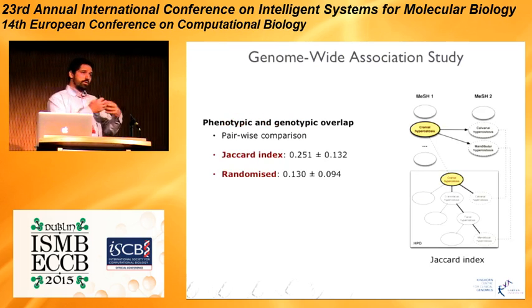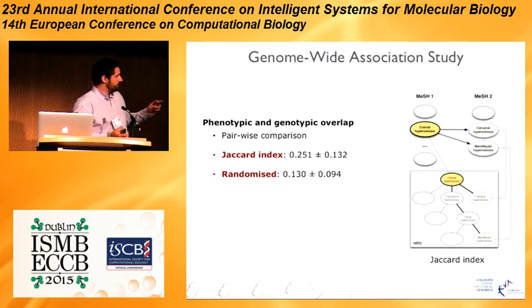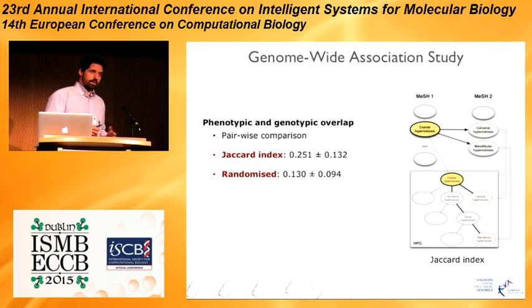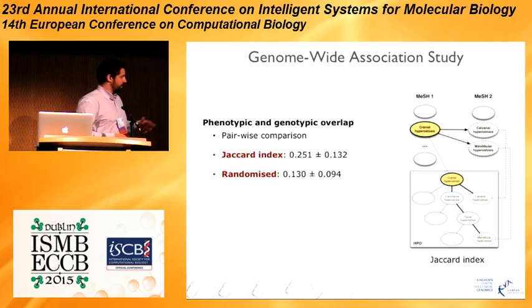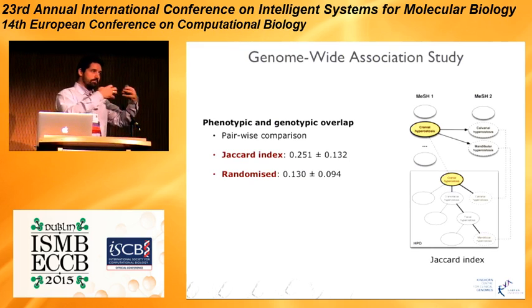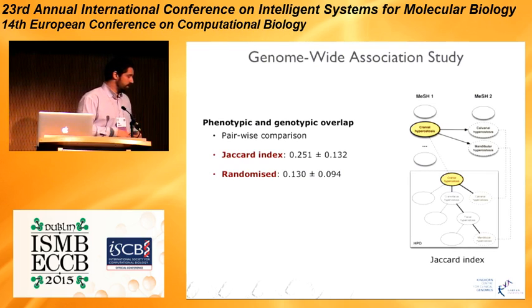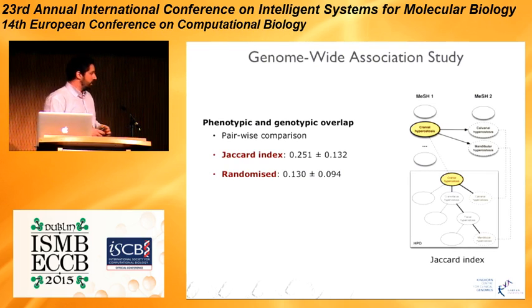Then, to cluster them and understand the phenotypic and genotypic overlap, we did pairwise comparison, and we used an adapted Jaccard index because we're using ontologies, and therefore we thought we could use the ontology structure to go beyond just a simple set intersection and union.